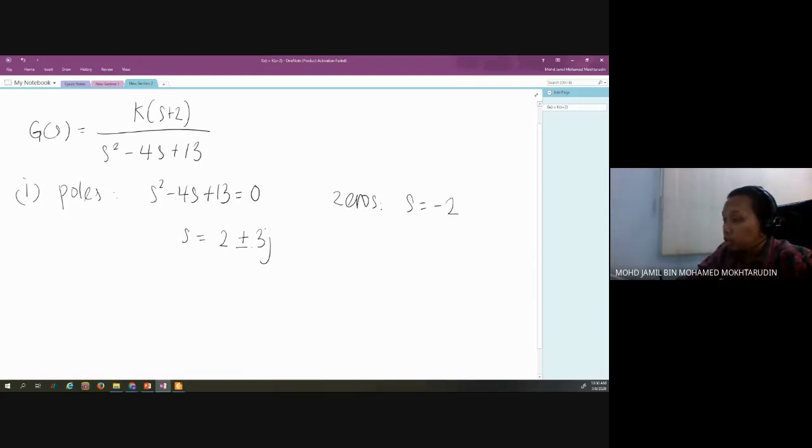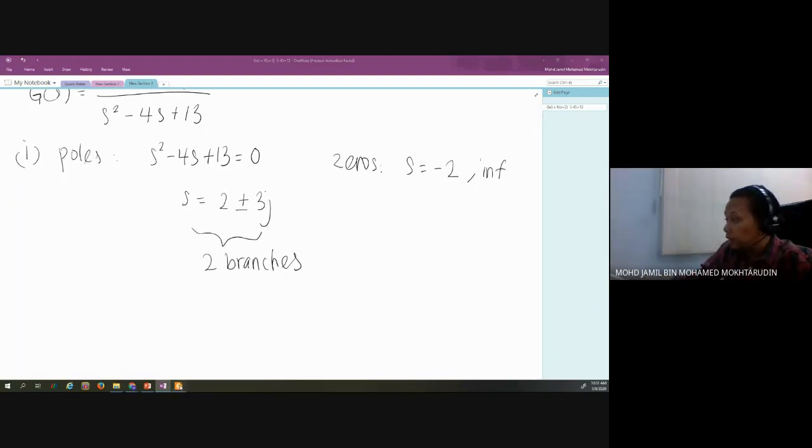Since you have two poles, first is 2 plus 3J, second one is 2 minus 3J, and you only have one zero here, so you add one more zero at infinity. Okay. So here indicates that there are two branches for the root locus.